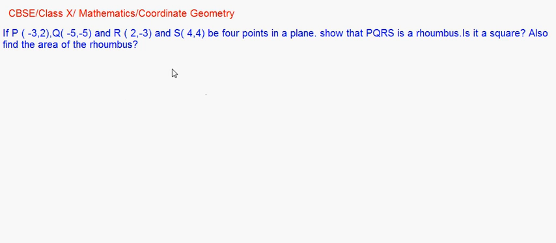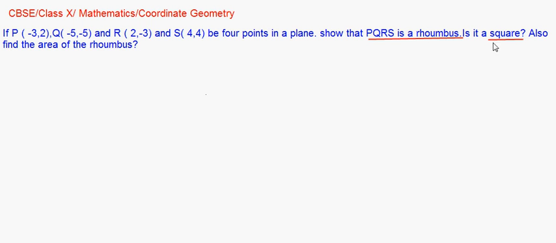How do we go for it? What do we need to prove, or what do we need to calculate, so that it tells us if it is a rhombus or a square, and how do we differentiate between a rhombus and a square? The basic property of square and rhombus which is common is the 4 sides being equal in both.